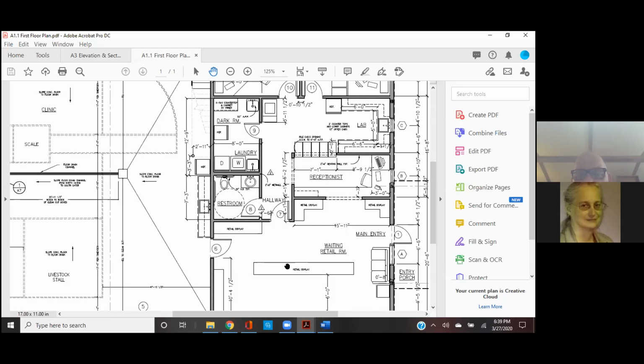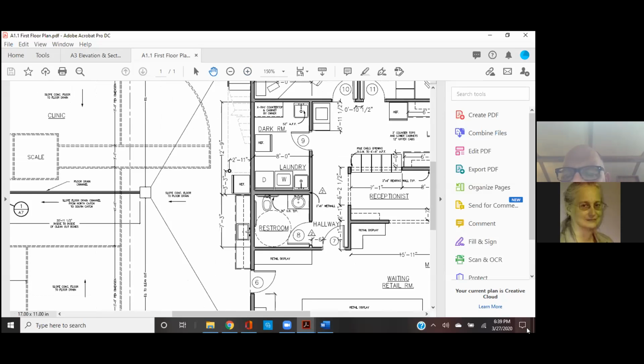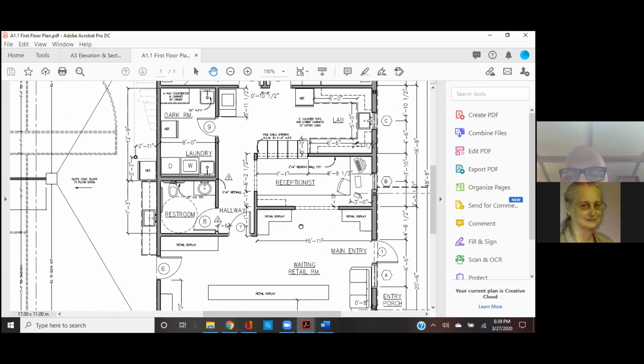Okay, and so this is the main entry. What did we determine? Oh, okay, so this is retail display. And then this must be a window with a little sliding window thing here, probably where you pay your checks and log in for your appointments.